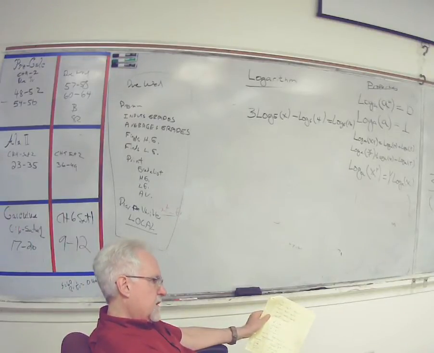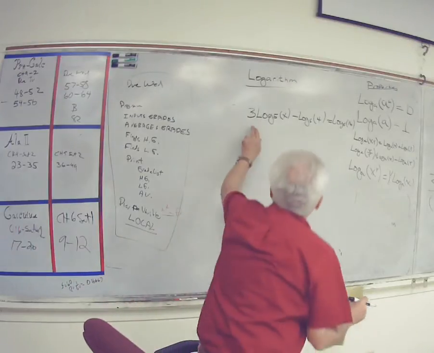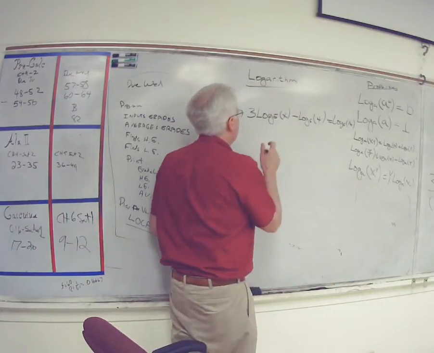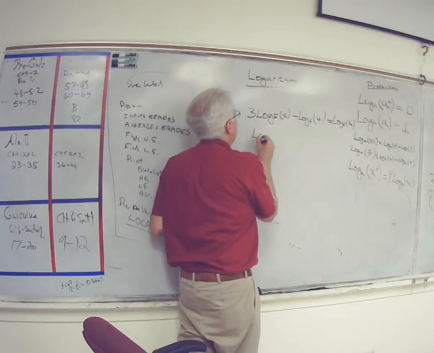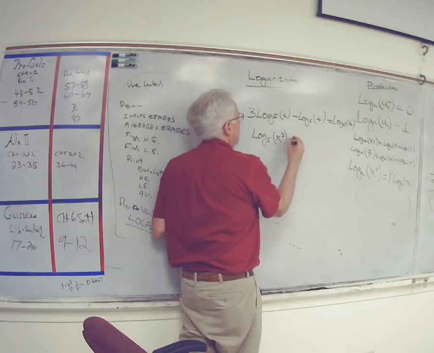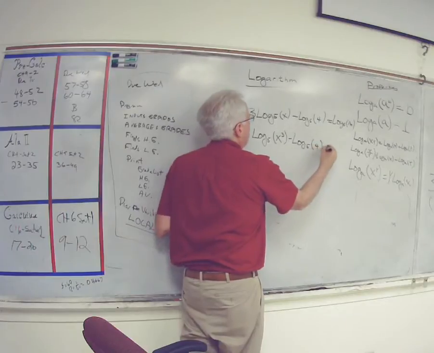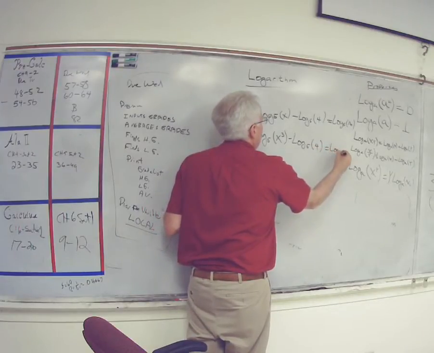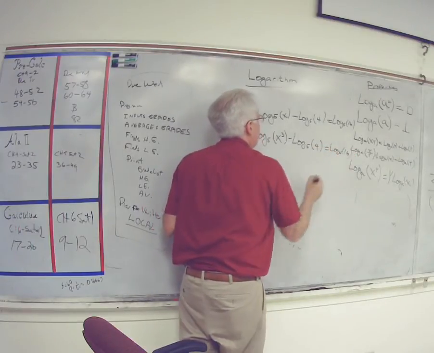Yes, Mario? You could put the 3 back into the x. Yeah, I need to get this 3 up here so I could have log 5 of x cubed minus log 5 of 4 is equal to log 5 of 16.